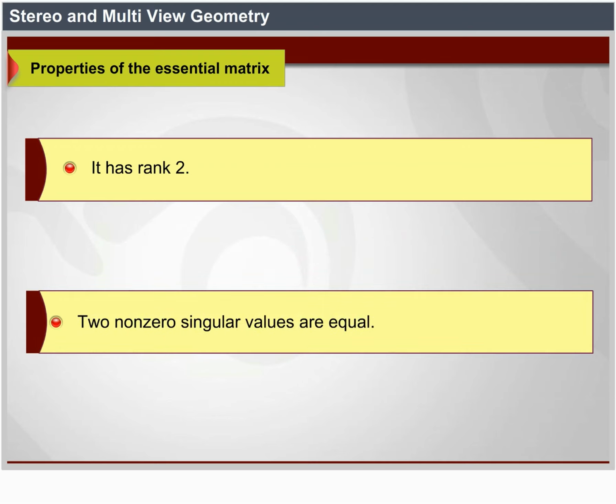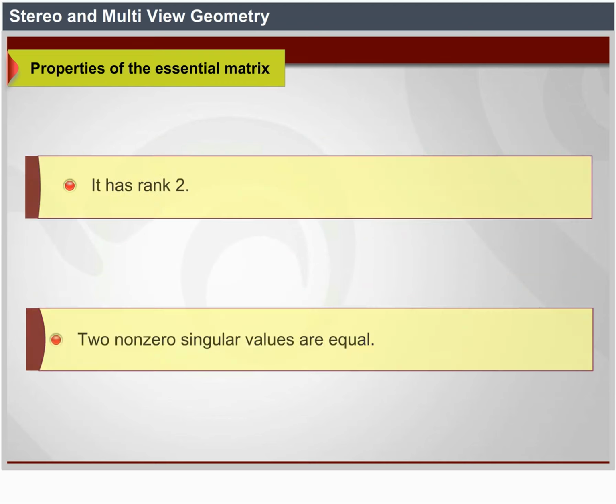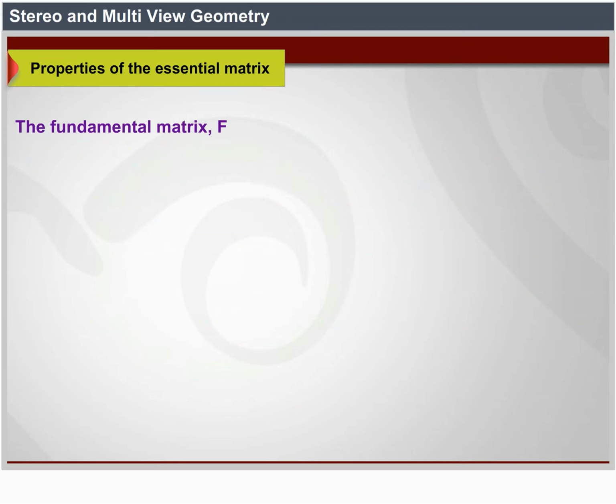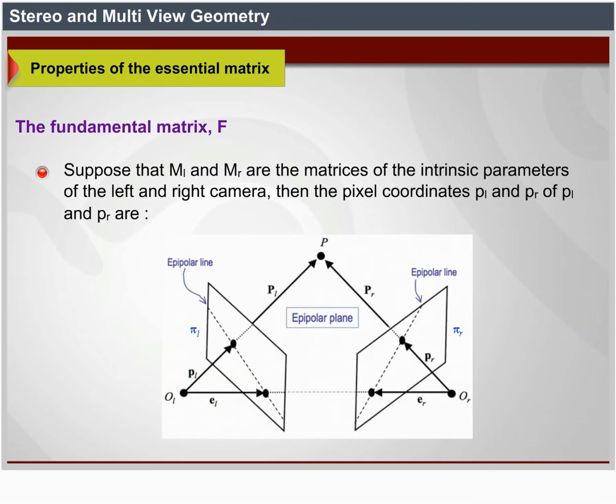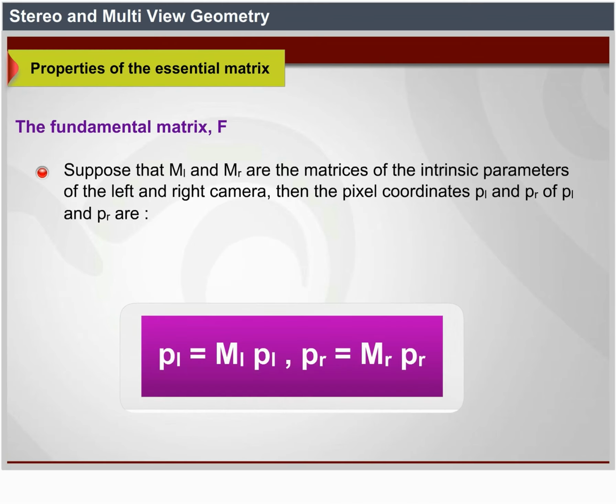The fundamental matrix F. Suppose that ML and MR are the matrices of the intrinsic parameters of the left and right camera, then the pixel coordinates pL and pR of PL and PR are pL equals ML into PL, and pR equals MR into PR.